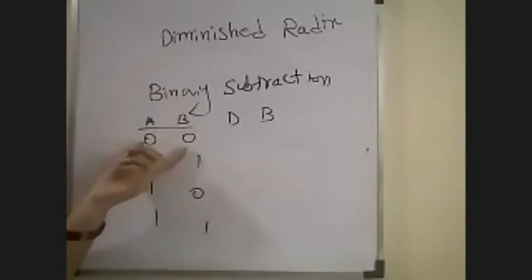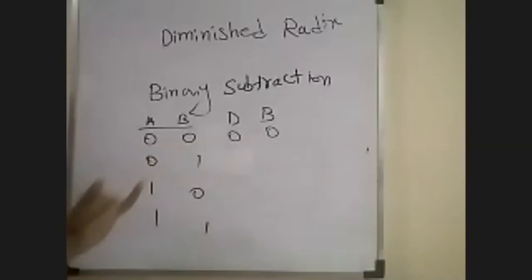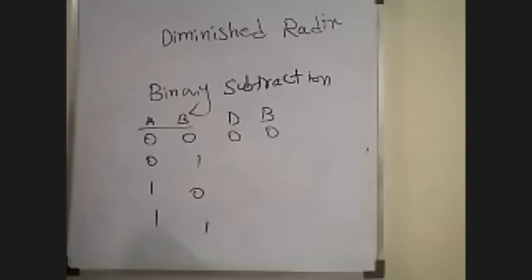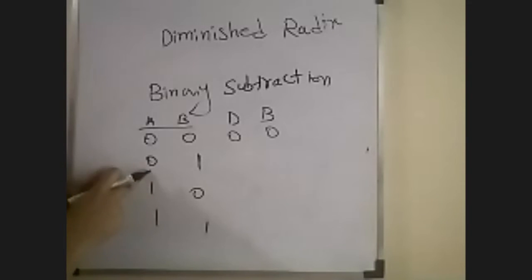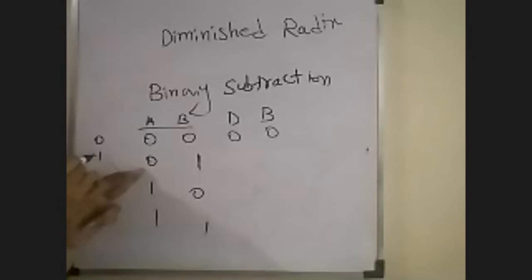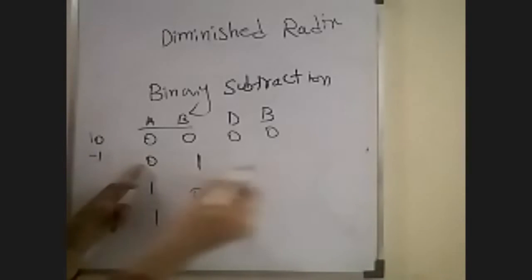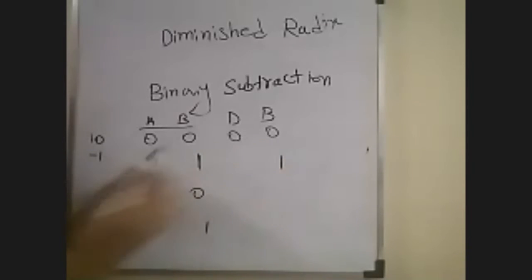So 0 minus 0 is 0, and there is no borrow, so borrow we can put 0. Next 0 minus 1. Here we should not write -1. In that case we take borrow 1. So here you can place borrow 1.